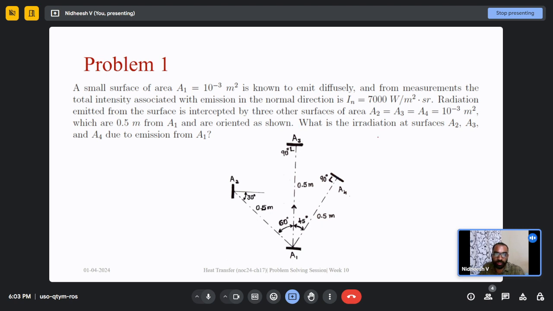What is the irradiation at surfaces A2, A3 and A4 due to emission from A1? That was the question statement. Take a minute to go through it. First we will discuss the question statement, then we will proceed to solve the problem. Let me know if something is unclear.